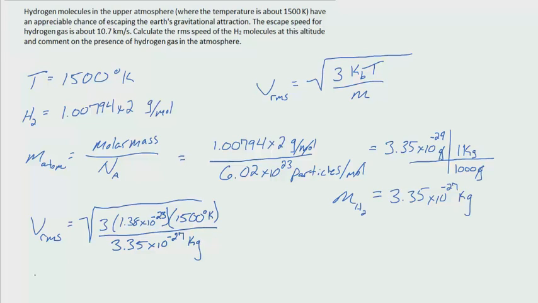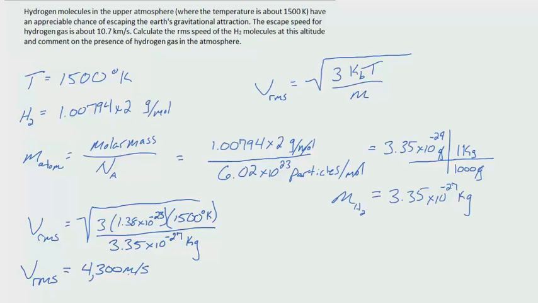When we take the square root of this, we see that our v_RMS will be equal to 4,300 meters per second.